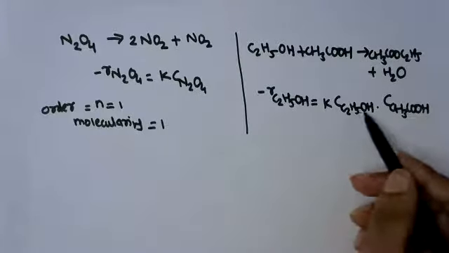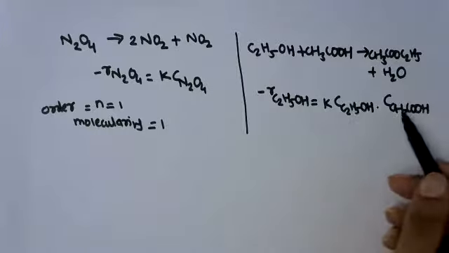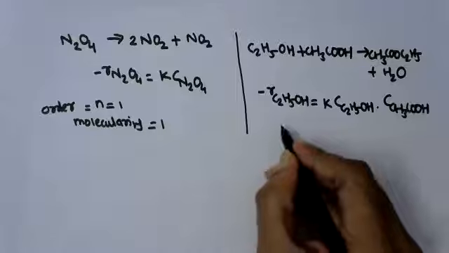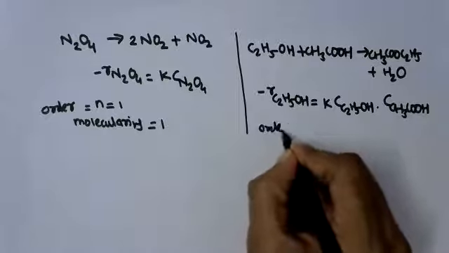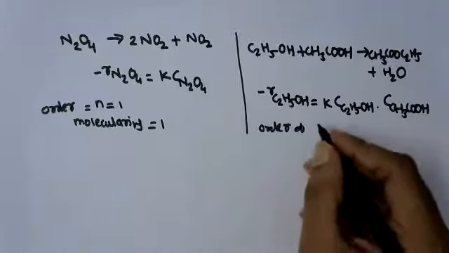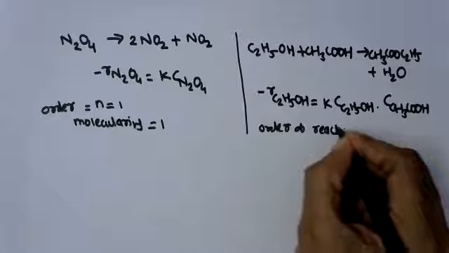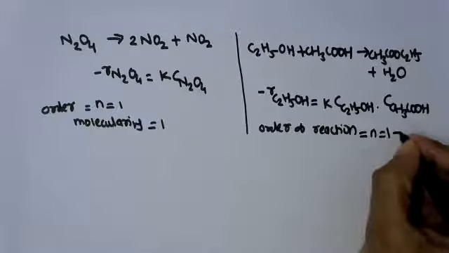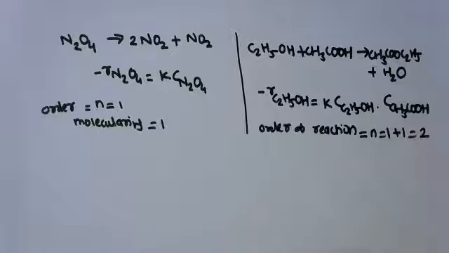Now the power raised to the concentration of ethanol is 1, and the power raised to the concentration of acetic acid is 1, and therefore the order of reaction is n equal to 1 plus 1 equal to 2.